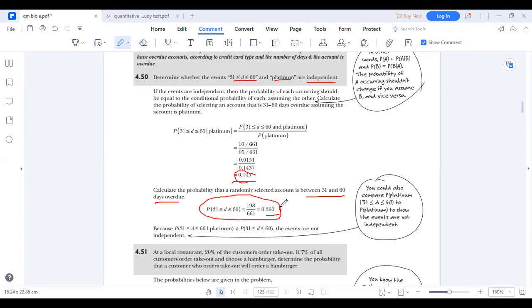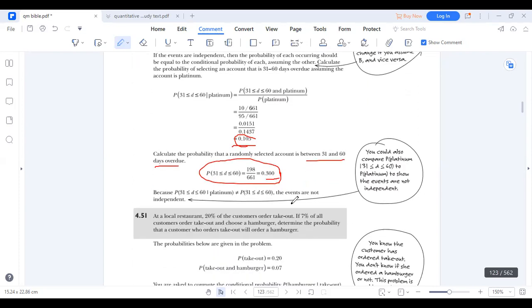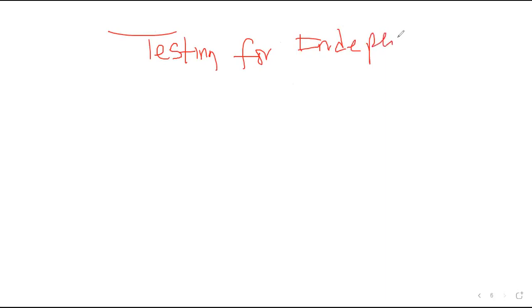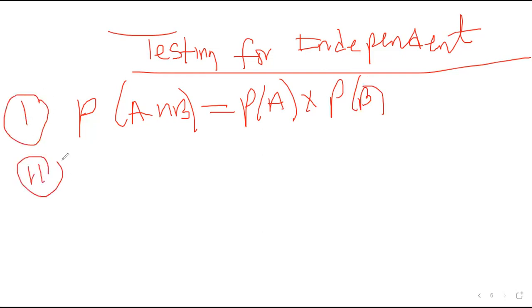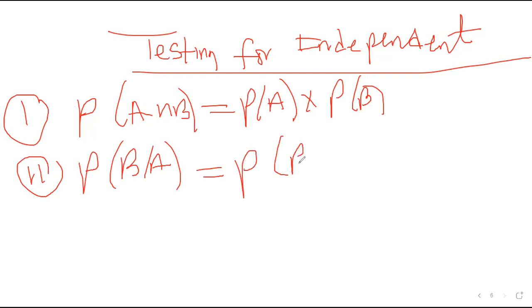So this means that these events are not independent, because for independent events, we simply say, when you're carrying out a test for independence, the probability of A intersection B is equal to the probability of A multiplied by the probability of B. The other aspect is that the probability of B given A is equal to the probability of B if events are independent.